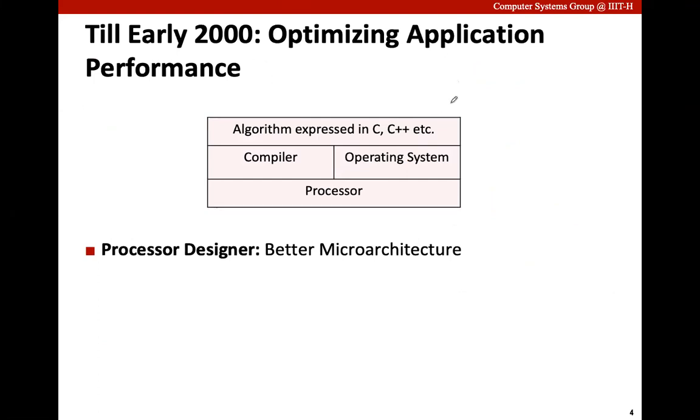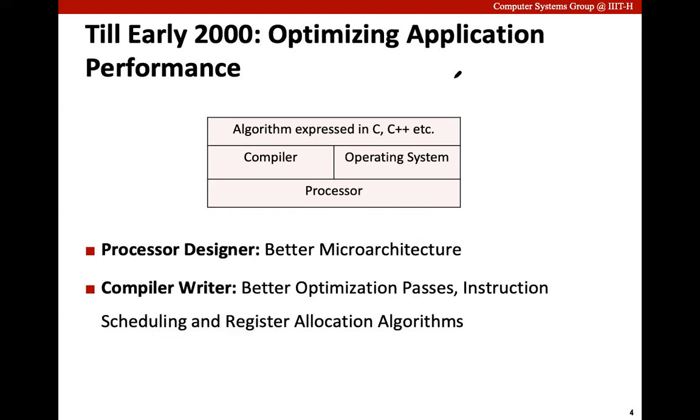You do instruction scheduling and a few other optimization passes, so that the processor will be able to find more and more ILP in the underlying program that is being executed. This used to be the job till early 2000, like 2002.